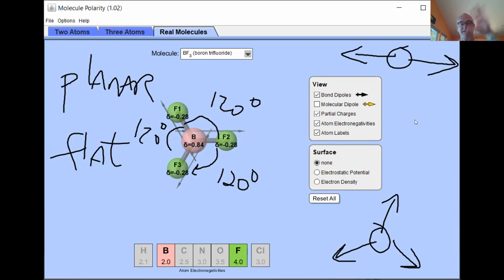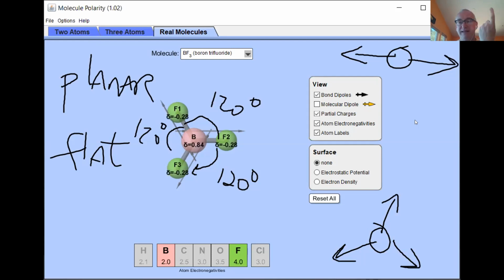And the three fluorines are slightly negative. The only reason that boron isn't completely positively charged is because it has three fluorines pulling in opposite directions. If they were pulling in the same direction, boron would just not have a chance. But since they're pulling in opposite directions, they basically keep it from being completely positively charged.